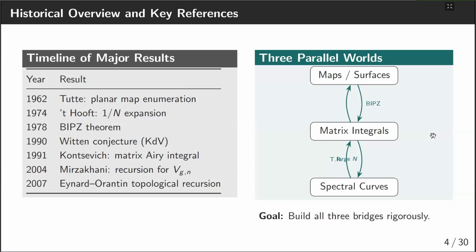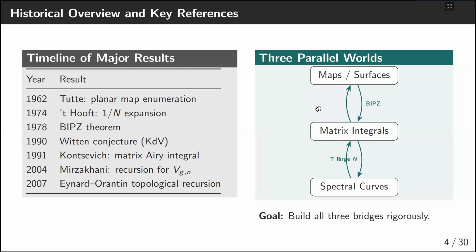And we can see that there's a timeline of major results. In 1962, Tutte came up with planar map enumeration. Tutte was a Canadian graph theorist. And in 2007, Eynard and Orantin introduced topological recursion. So you see that there's 't Hooft's 1 over N expansion, the BIPZ theorem, the Witten conjecture, the Kontsevich matrix Airy integral, and the Mirzakhani recursion.